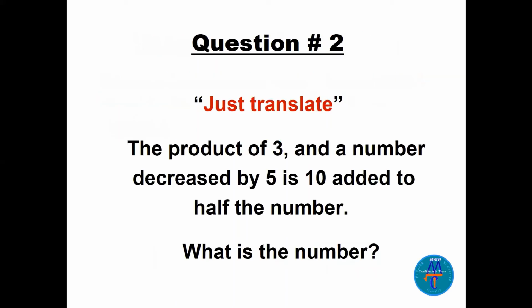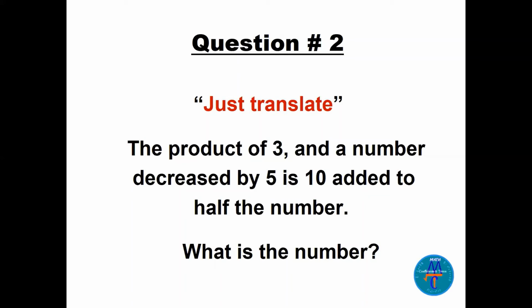Let's see another question. There are 3 questions here. We just need to translate, so it's also a very good time to practice. The product of 3 and a number decreased by 5 is 10 added to half the number. What is the number? You can call the number x, or y or z or w.